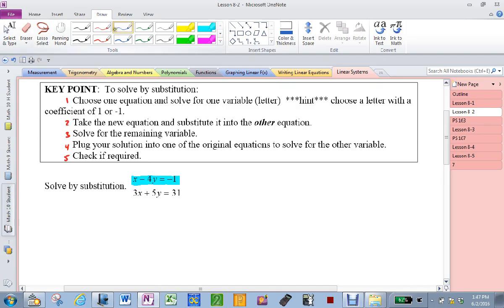So I'm going to go ahead and write it down again under here properly. What's got to move there to get x by itself? The negative 4y has got to come over here, which means what will happen to it? It will be positive. So our new equation is now x equals 4y minus 1. Does everybody see what I did there? Okay.